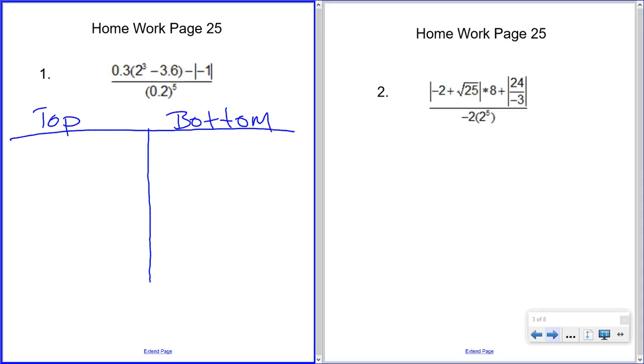All right. And the first thing we're going to have is 0.3, next to the parentheses of 2 to the 3rd power minus 3.6, close parentheses. And then we're going to minus the absolute value of negative 1. Now, first thing we're going to do is write down GEMDAS every time.